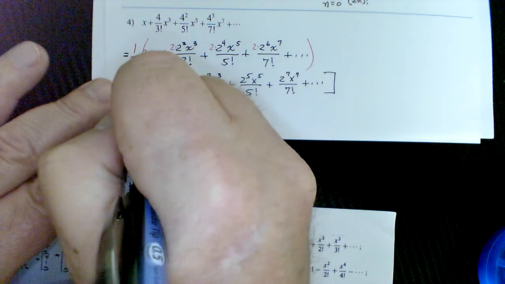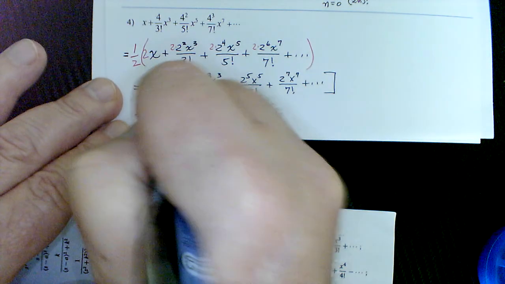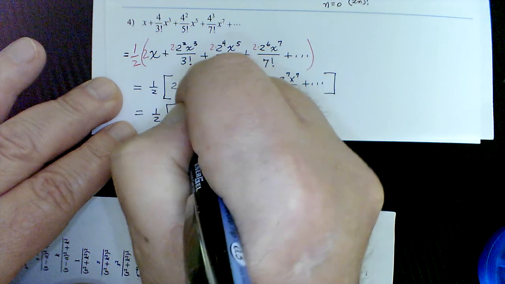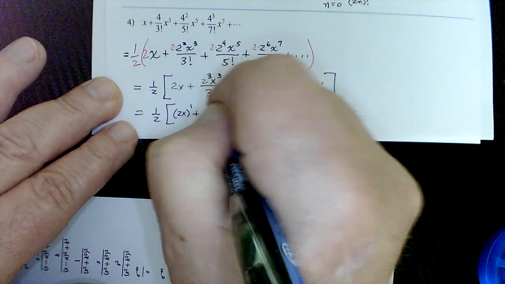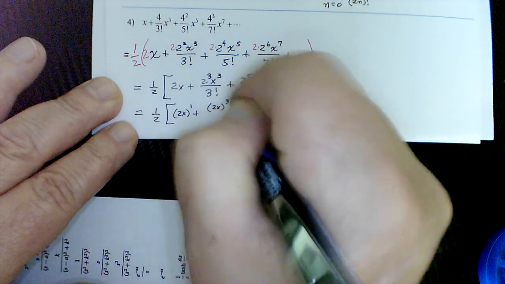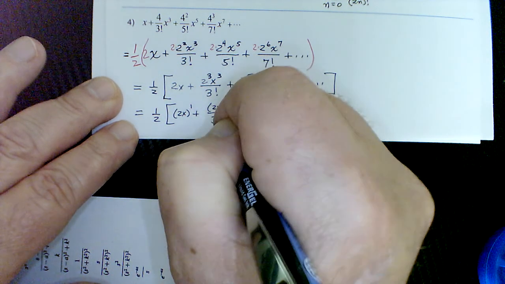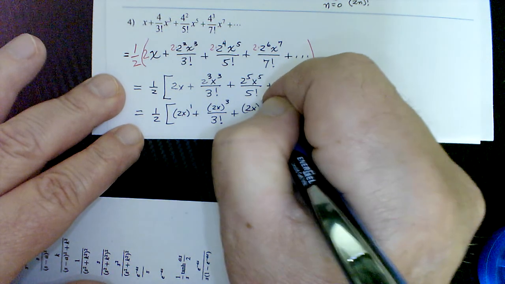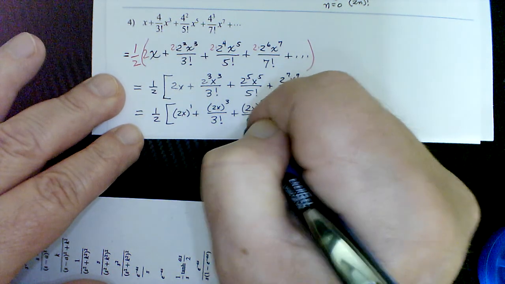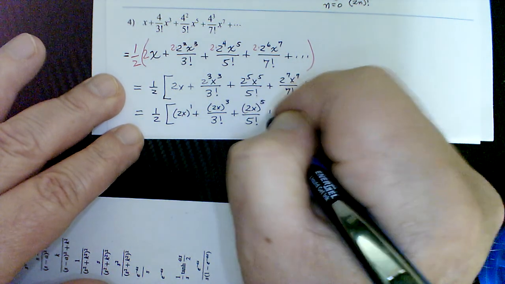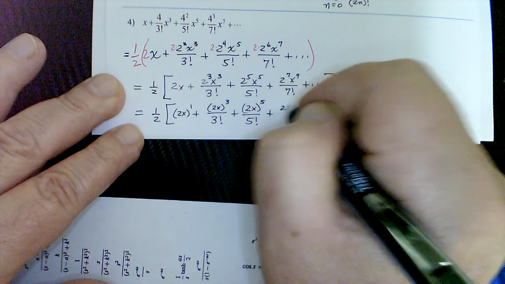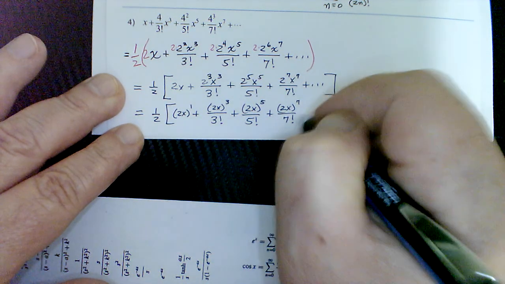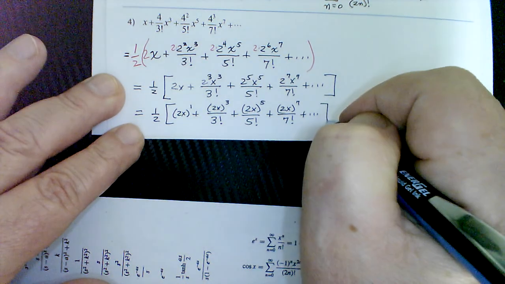Alright, so now let's write it. 2x quantity to the first, plus 2x as a quantity cubed over 3 factorial, plus 2x as a quantity to the 5th over 5 factorial, plus 2x as a quantity to the 7th over 7 factorial, and so on.